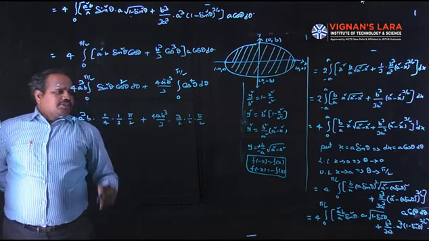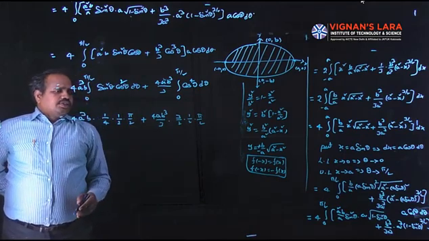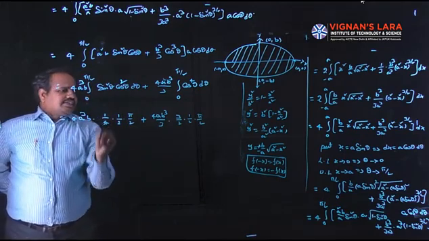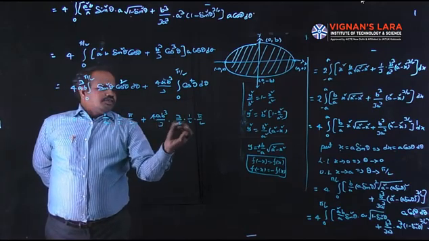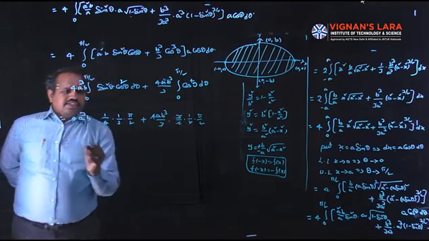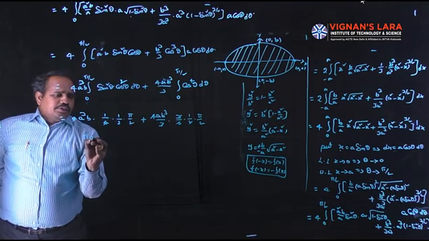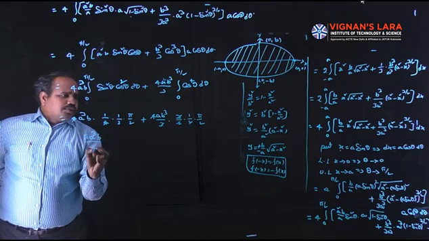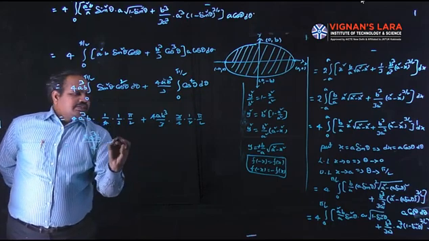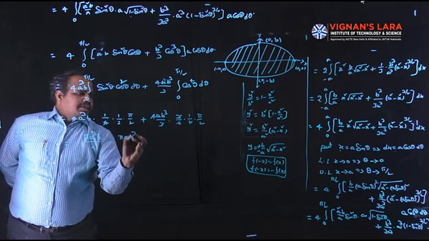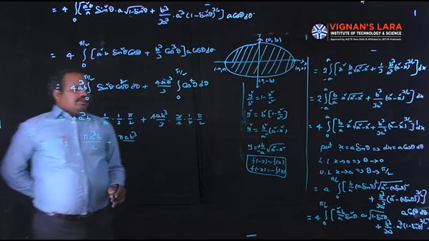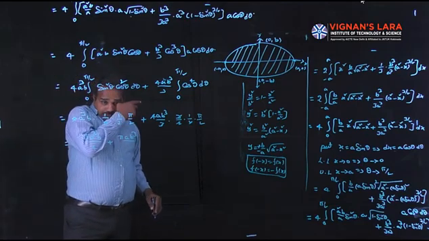What is the common term in these? Here 4 getting cancelled, and here also 4 getting cancelled, 3 getting cancelled. What is remaining? Pi a cube b by 4 plus pi a b cube by, and here what is remaining?